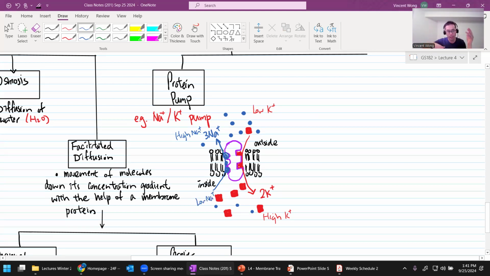So this keeps on happening, and you are pumping the ions against their concentration gradient. You're taking it from an area that's low concentration to an area that's high concentration. Same thing for the sodium. That's why you need to pump them over.